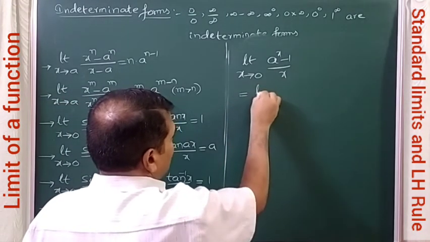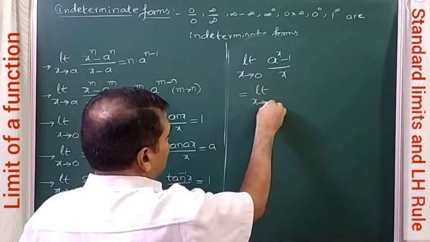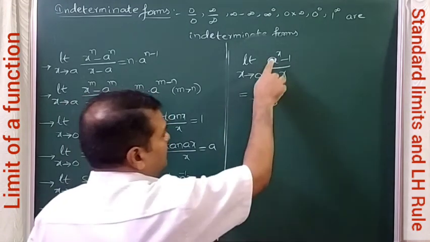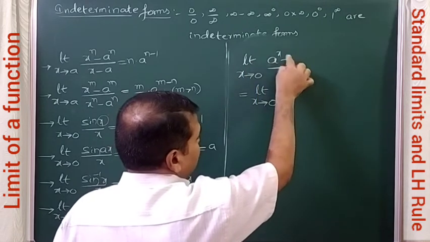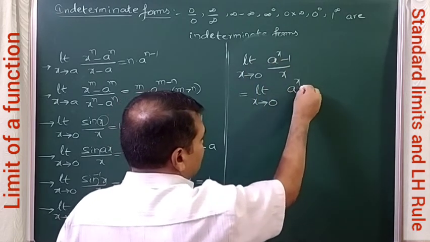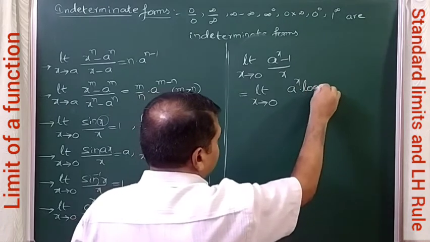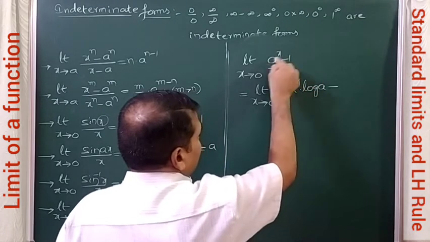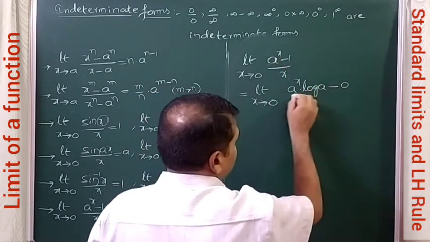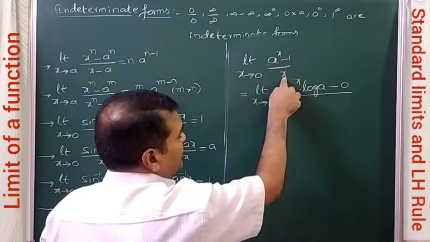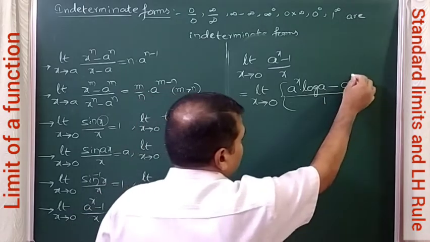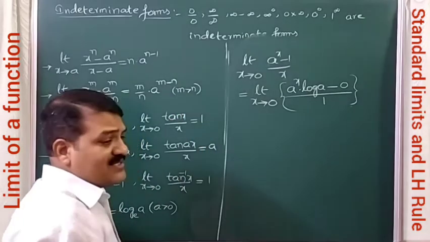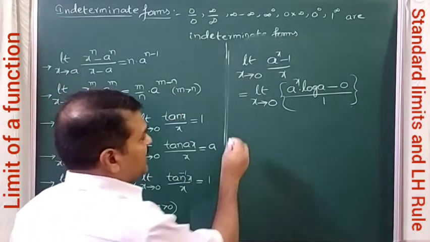So using it, limit x tends to 0, derivative of numerator, a power x derivative is a power x into log a, minus derivative of 1 is 0, and denominator derivative is 1. Now you are getting finite limit. It is not 0 by 0 form. So apply the limit now.